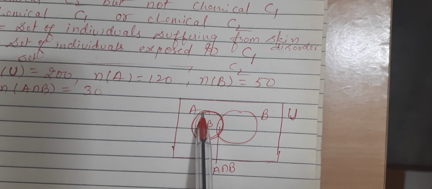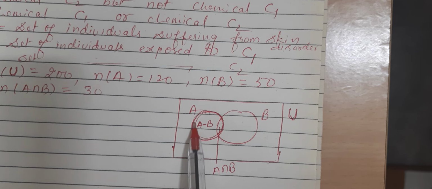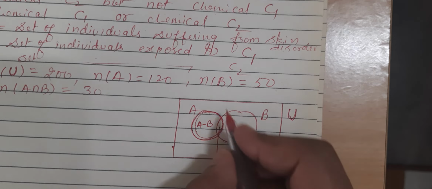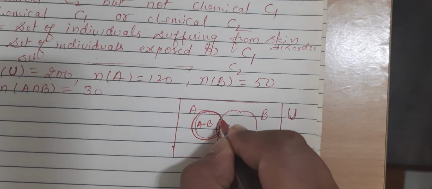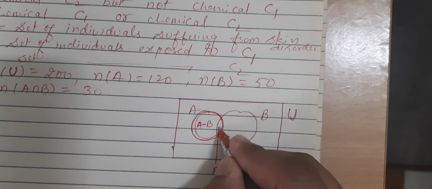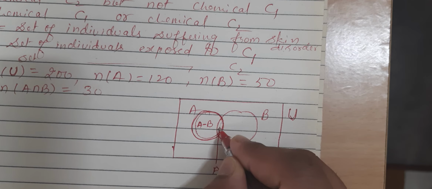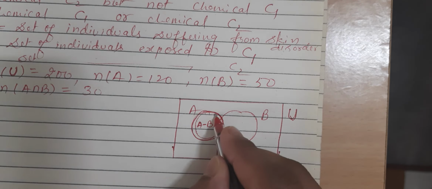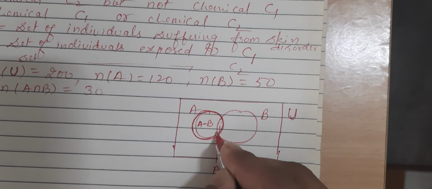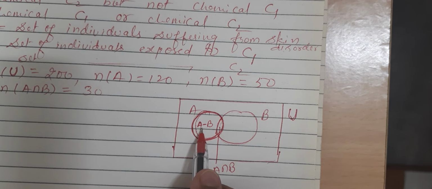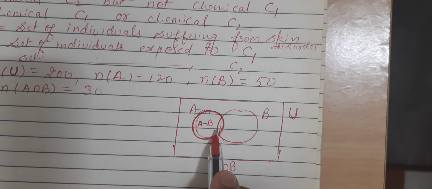A minus B means the set of all the elements of set A except the elements of set B. We will not include those elements which are in set B. So we exclude this portion, because here there are elements which are in set A as well as in set B. So A minus B means this portion: chemical C1 but not C2.